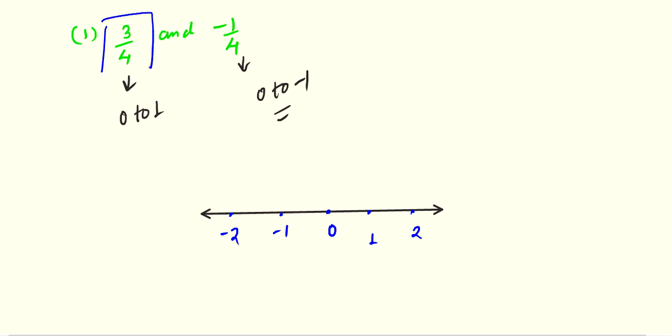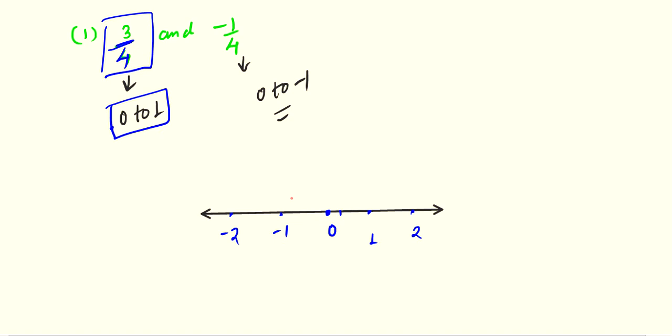So first I am plotting 3 by 4. 3 by 4 lies between 0 to 1, so here is 0 and here is 1. Now between 0 to 1 we have to plot this. The denominator of 3 by 4 is 4. That means we will divide 0 to 1 into 4 equal parts. So this is the first part, second part. So 0 to 1 we have to divide in 4 parts.